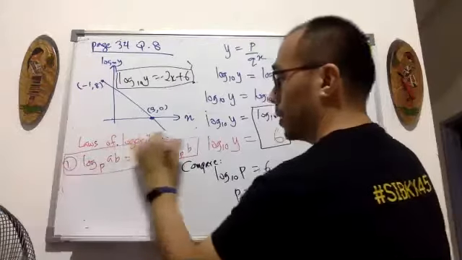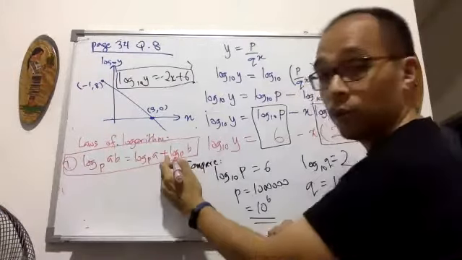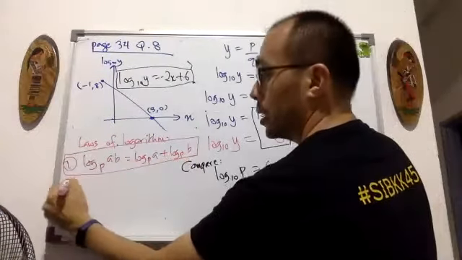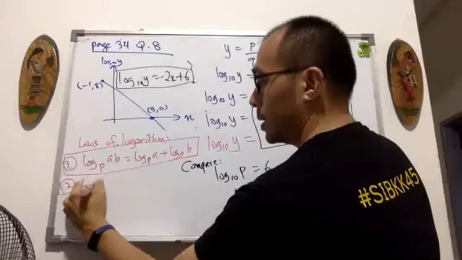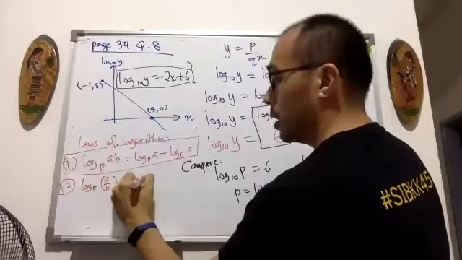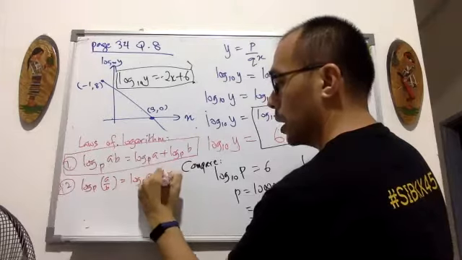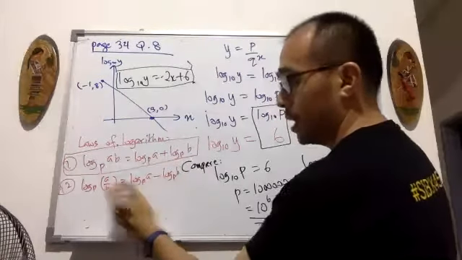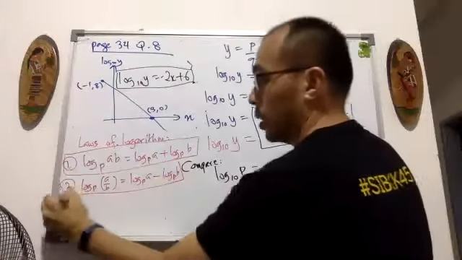This is the first one. If it is multiplied, it will split to become plus. The second law is log base p of a divided by b equals log base p of a minus log base p of b. Divide becomes minus, second law.